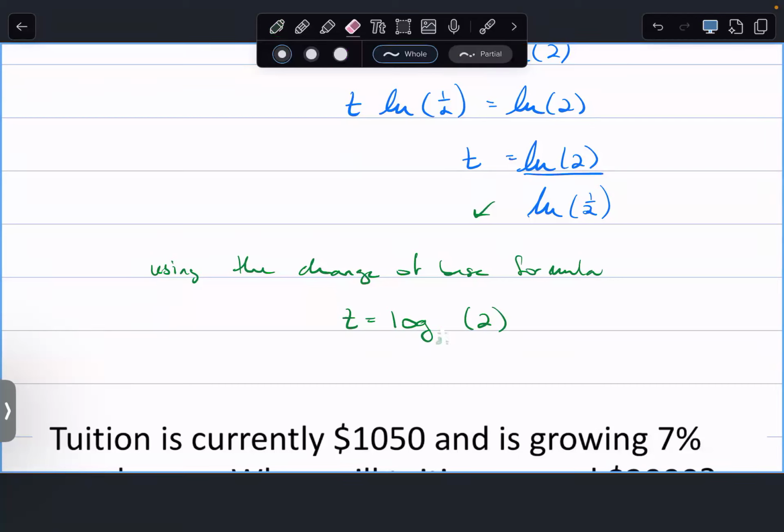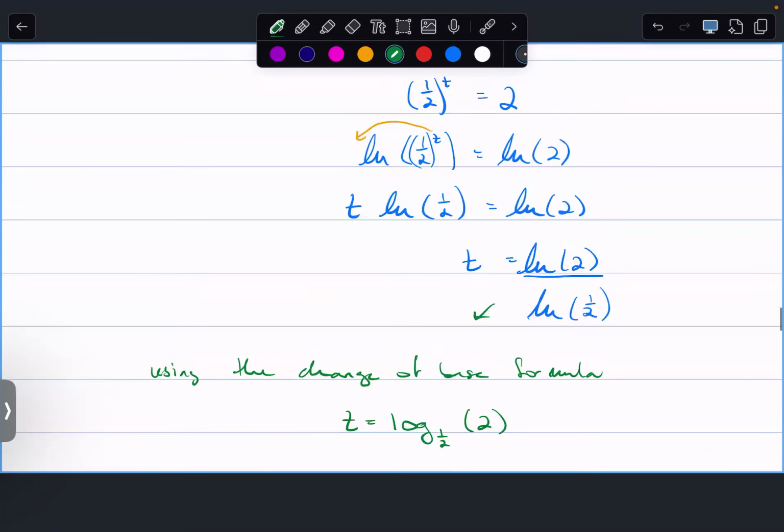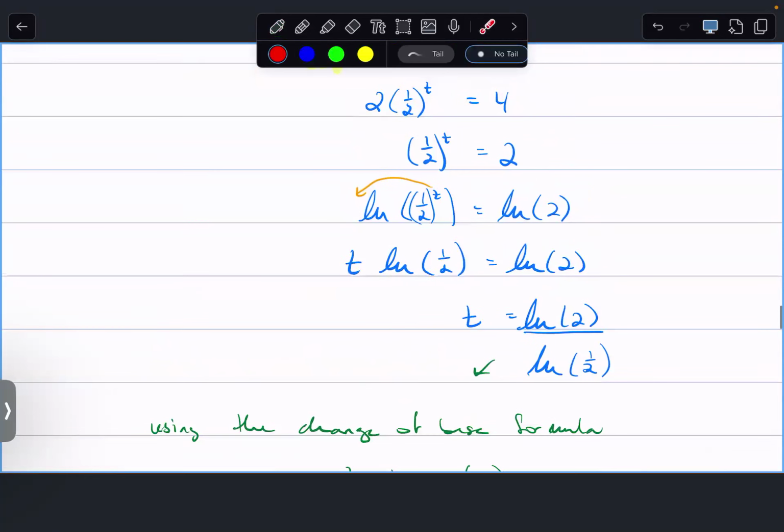Let me clean this up. Which we could have seen here, right? But it's not obvious to me, so I always just apply the logs.